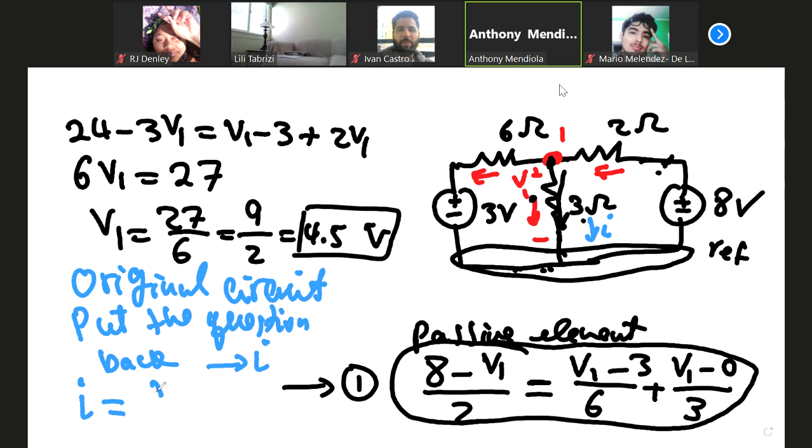Is it V over R? V1 over what? The resistance, which is what? Isn't it obvious? This is I passing through the 3 ohm. Isn't it voltage divided by 3 ohm?